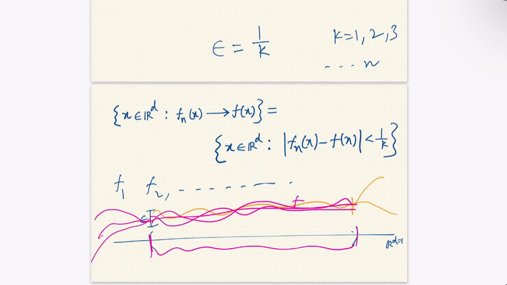I just wanted to go for all possible choices: for 1, for 2, for 3, for 4, for n, and so on. So now what do I do? For every choice you have some collection. For k equal to 1 you will get some domain, for k equal to 2 you may get some other domain, for k equal to 3 some other domain. So you have endless choices.